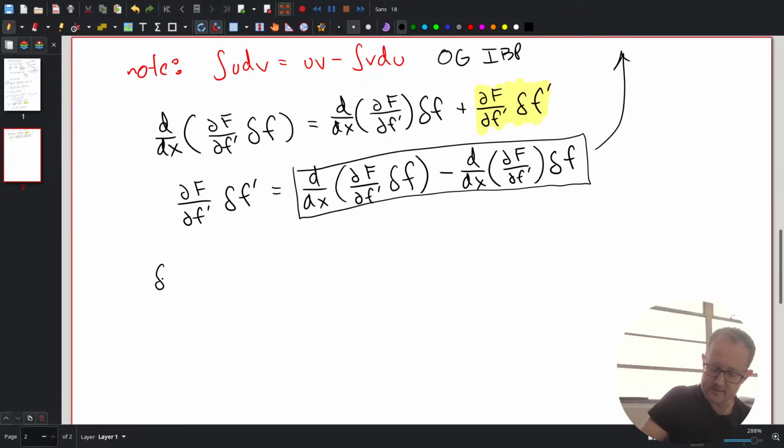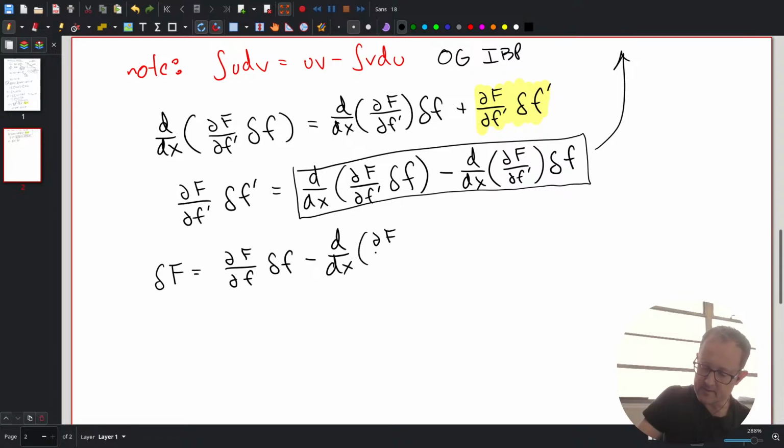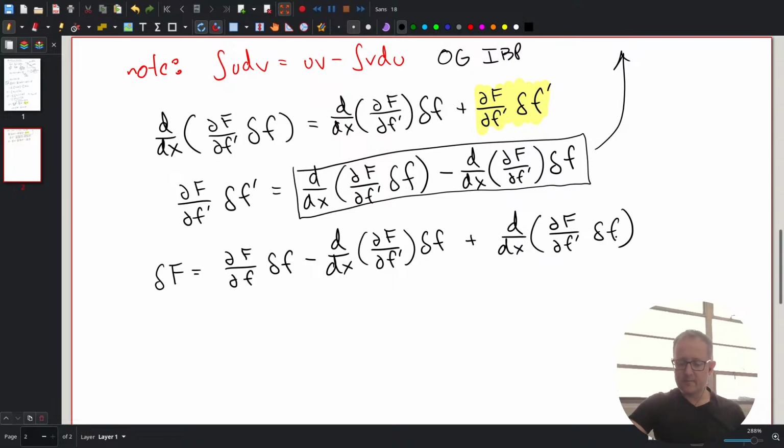Now delta f equals d big F, d little f times delta f, minus d/dx of this d big F, df prime times delta f, and then plus a d/dx of df over df prime times this delta f.